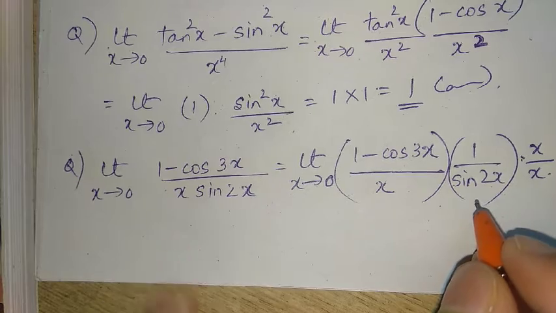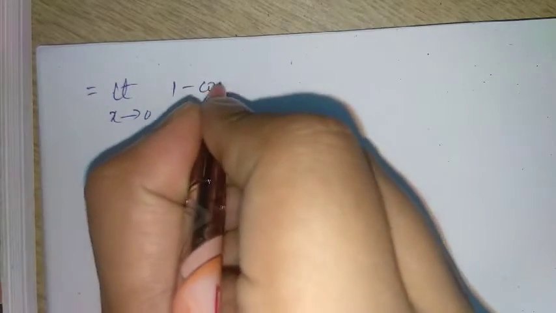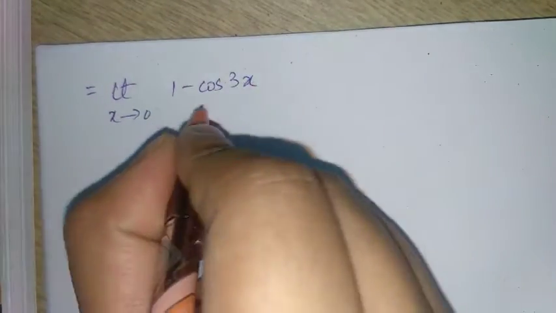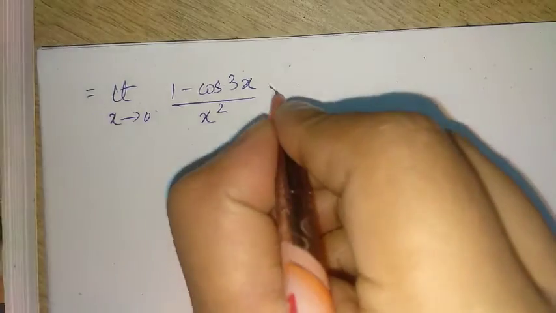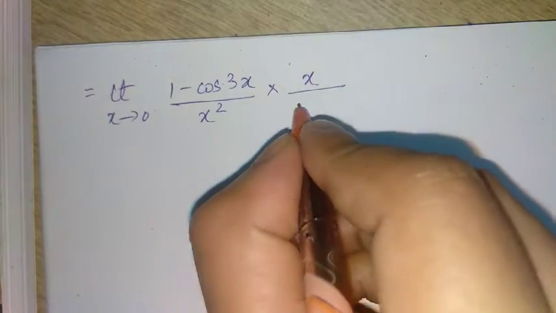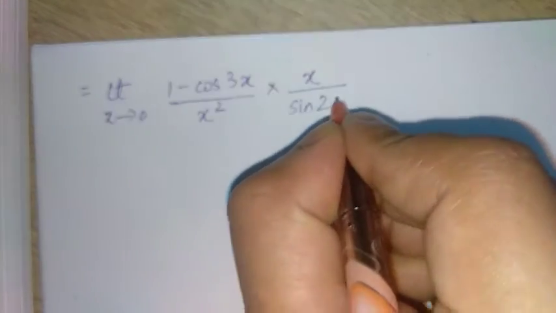Why we are doing this, you will get to know shortly. The next step is simply limit x tends to 0 of (1 minus cos 3x) divided by x square, into x by sin 2x.